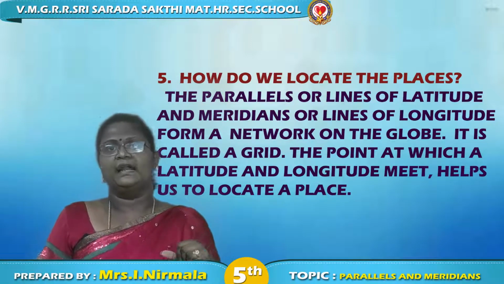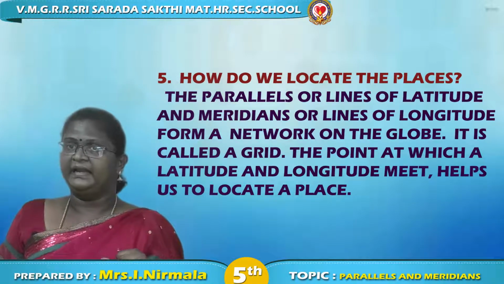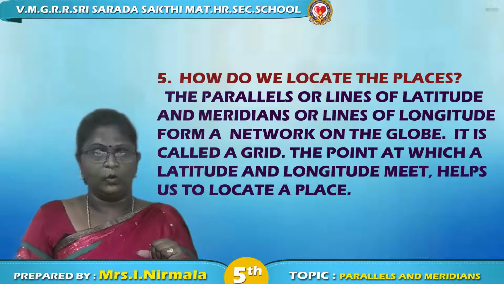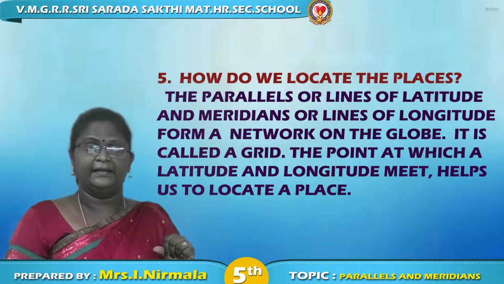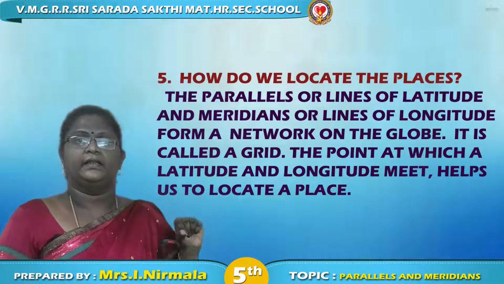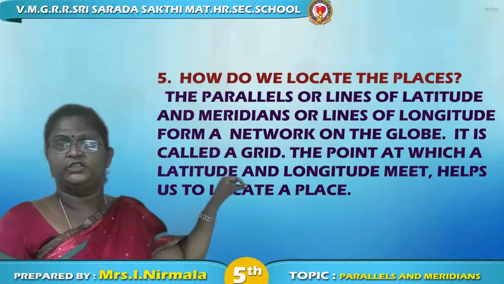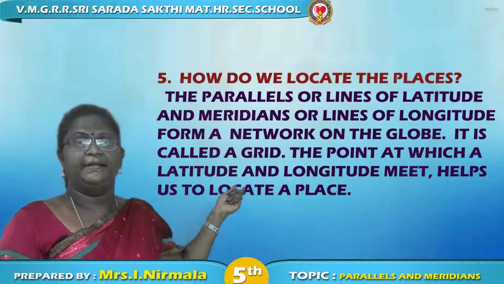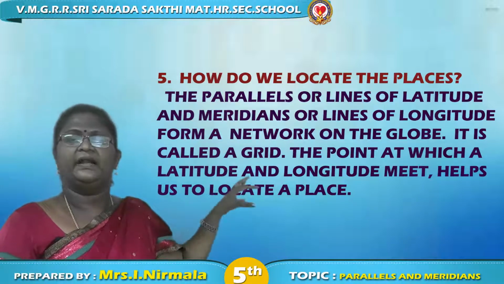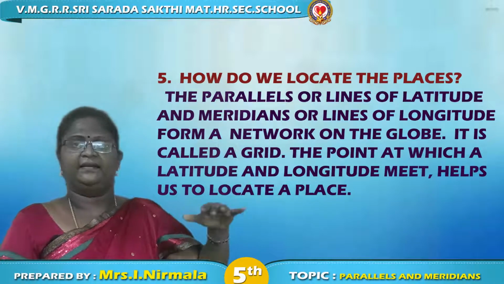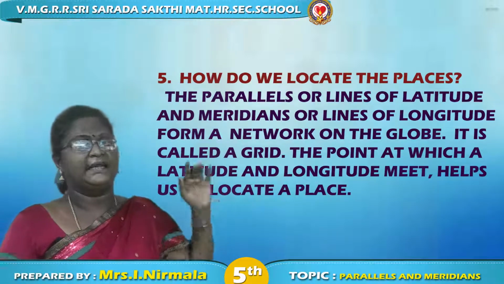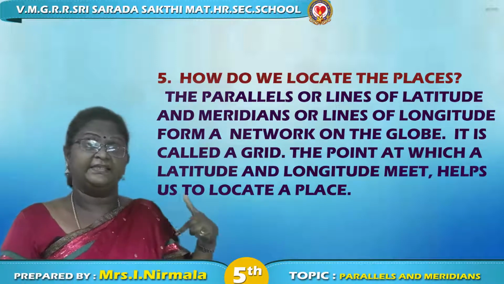The parallels or lines of latitude and meridians or lines of longitude form a network on the globe. It is called a grid. The point at which the latitude and longitude meet helps us to locate places. How to locate a place, you will be learning in detail in your higher classes. With this we come to the end of the answer the following session.